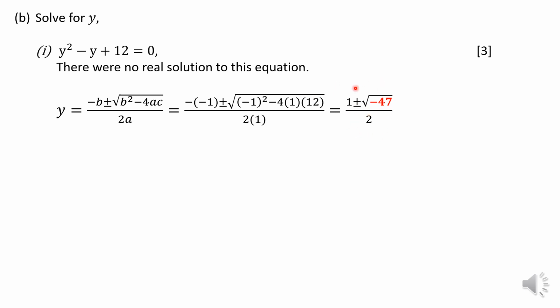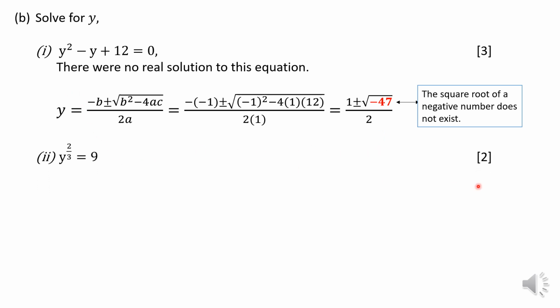You won't find roots for it, sorry. And that is why there are no solutions to this particular quadratic equation. So it's also worth knowing that if you have got something under the square root, the discriminant, and that is negative, you will not find solutions here. So they made a mistake with the signs, but ultimately all the learners got these 3 marks in this particular question.